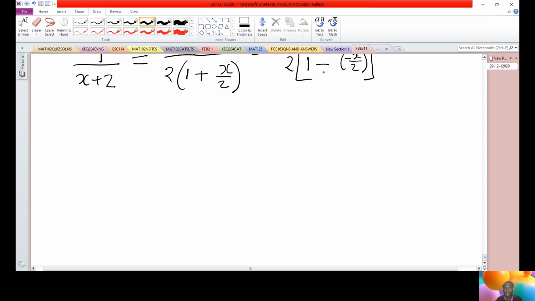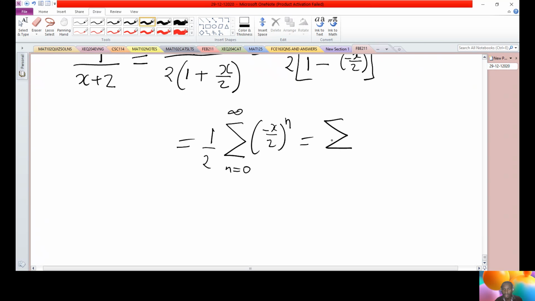So now this looks like the expression in equation 1. So it will be given by a half, summation n from 0 to infinity of minus x over 2 power n, which will be given by summation n from 0 to infinity of minus 1 raised to power n over 2 raised to power n plus 1, x power n.